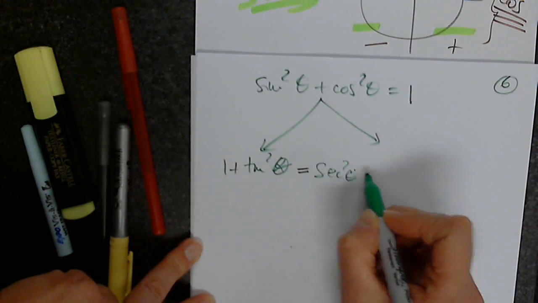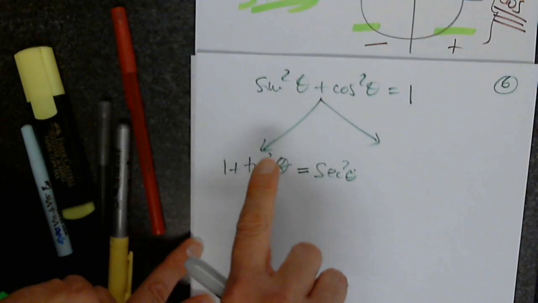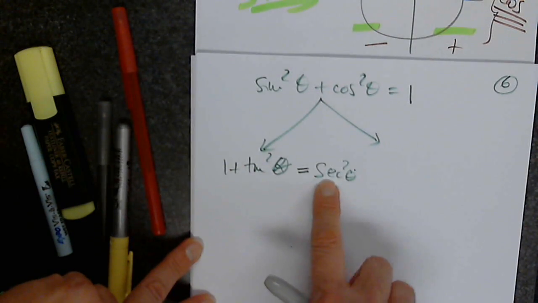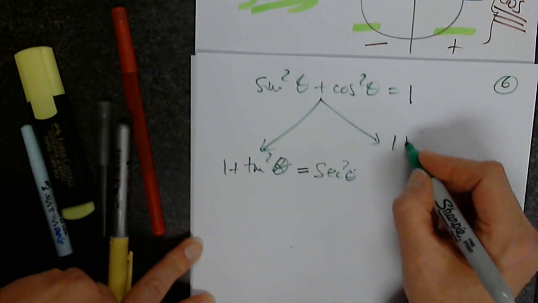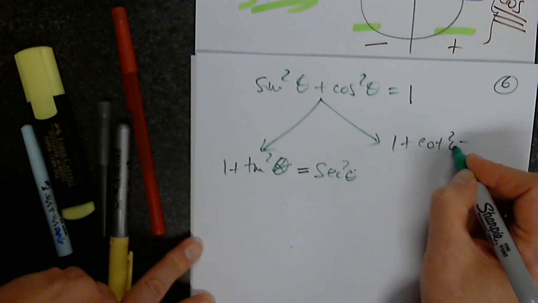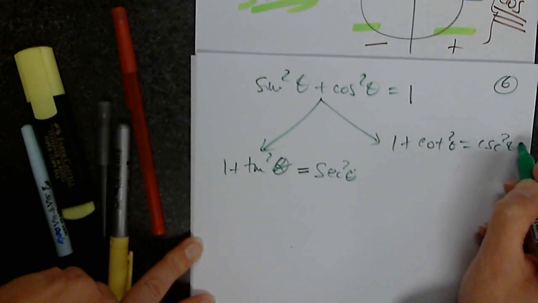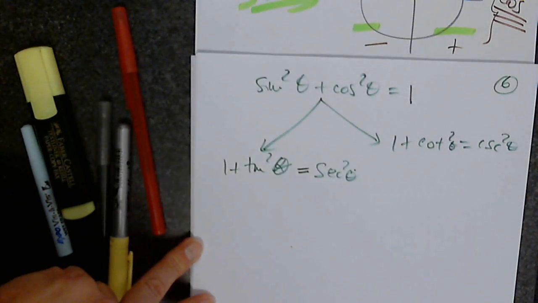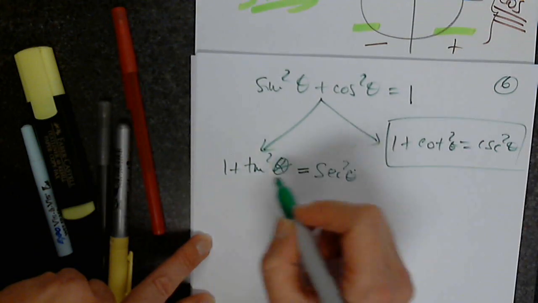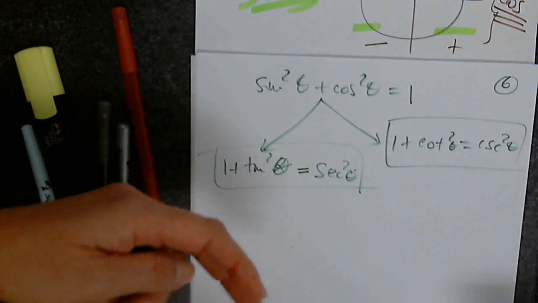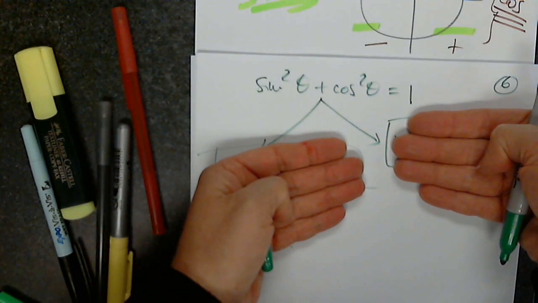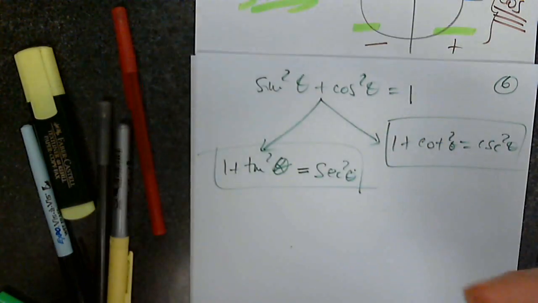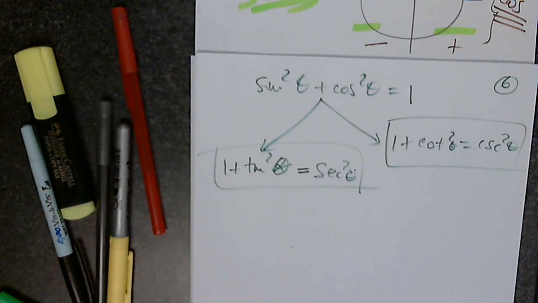Yes, secant squared. And the other one has cotangent here and cosecant here. Easy to memorize, I think. So 1 plus cotangent squared equals cosecant squared. Okay? However, I don't need to memorize these. Once I know that, I can always create the other two.